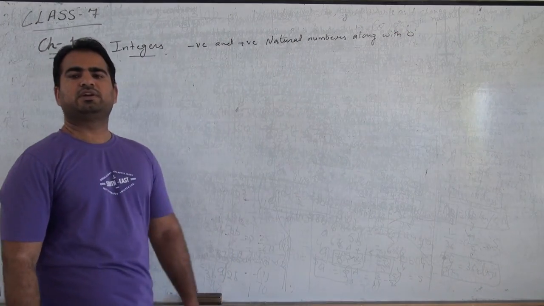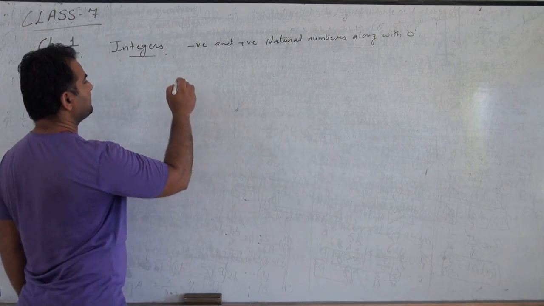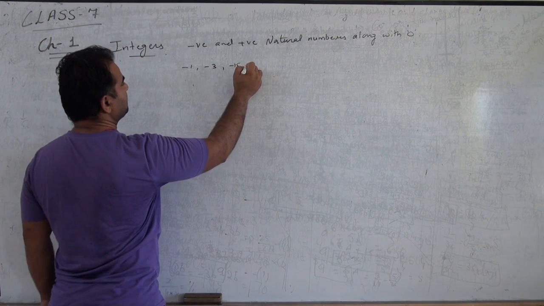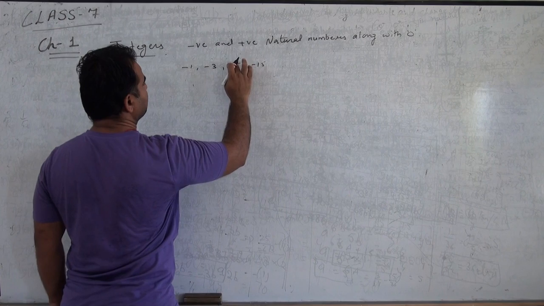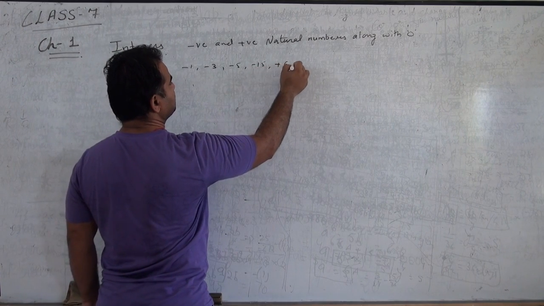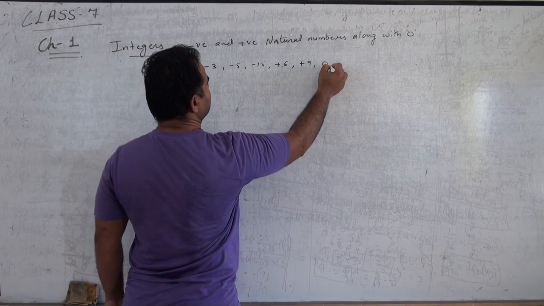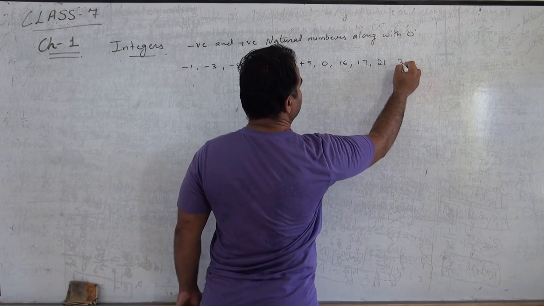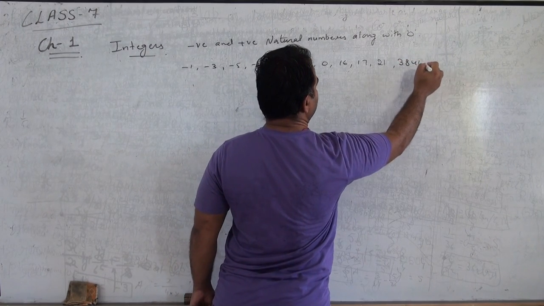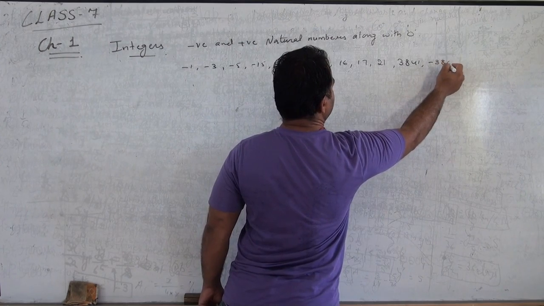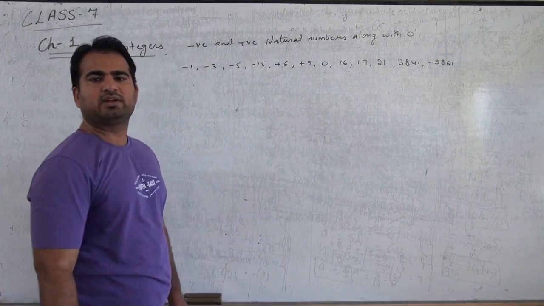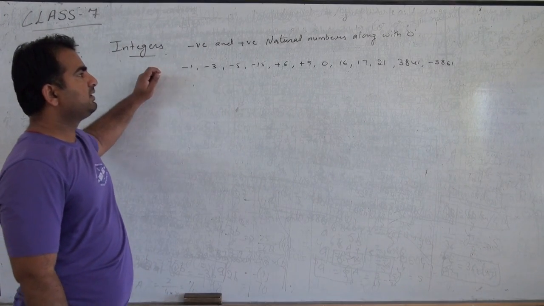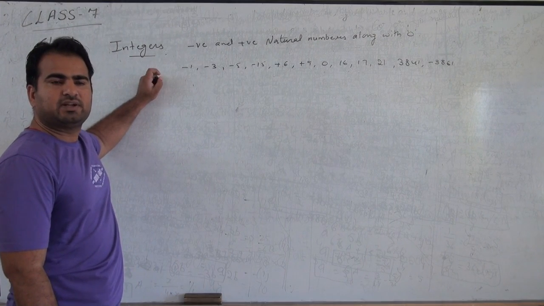We can write -1, -3, -5, -15, +6, +9, 0, 16, 17, 21, 3841, minus 3861. All of these are integers. So all negative and positive natural numbers along with zero are known as integers.